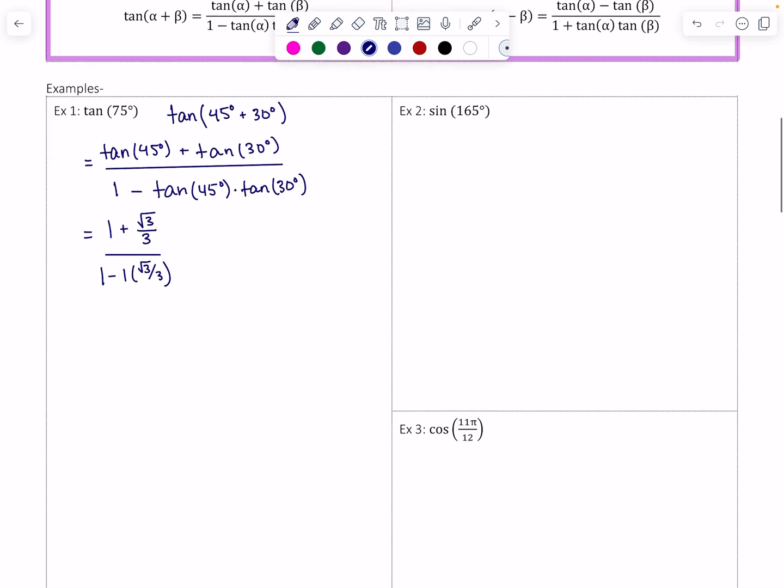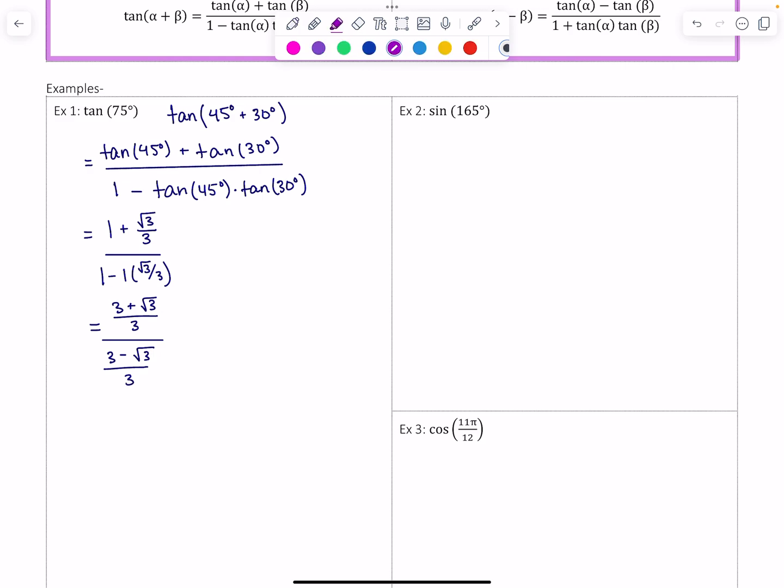So it can get a little bit tricky in terms of our order of operations, so just be patient with it. I'm going to change our 1 into 3 over 3, so we're going to have 3 plus square root 3 over 3 all over our 3 minus root 3 over 3.